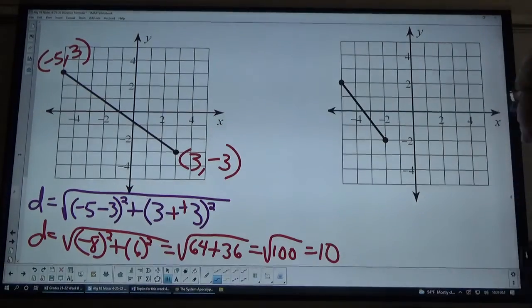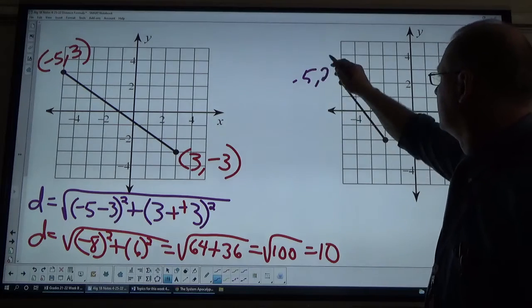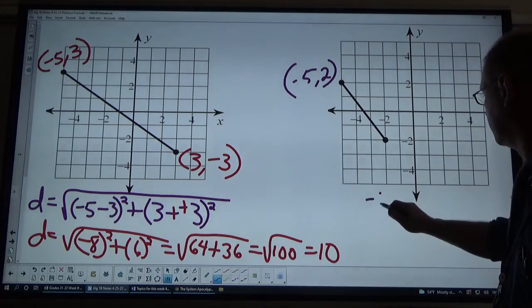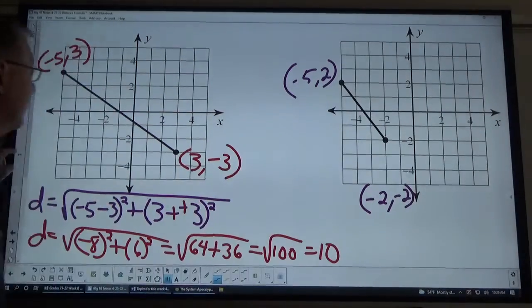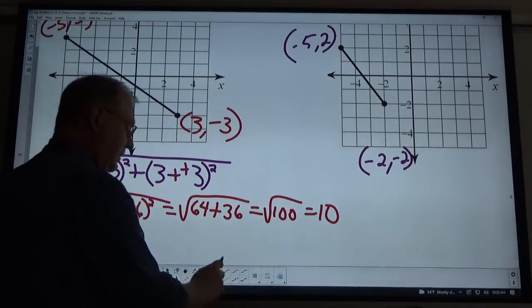All right, now that you've unpaused, negative 5, 2. And this one is negative 2, negative 2. Now I'm going to bring this up so we have a little more room to work with. All right.